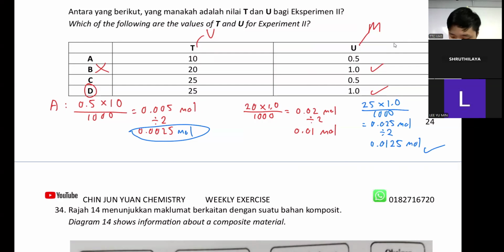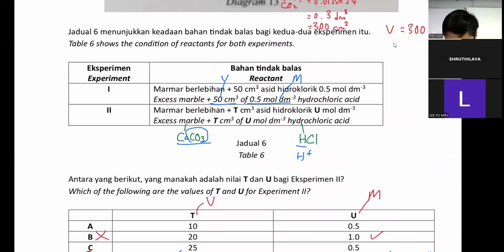Then the answer is D. Because if you multiply these two and divide by 1000, you will get the same mole as the first experiment. You get the same as the first experiment.